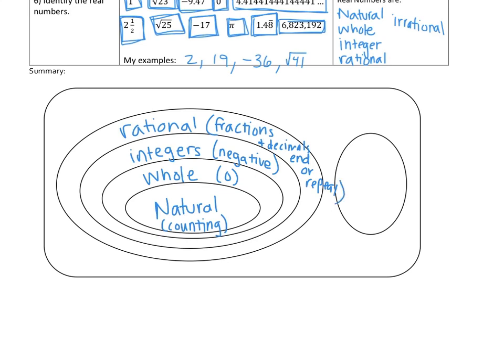Our other group that does not overlap at all is irrational numbers. Irrational means they don't make sense. So numbers that don't end and they don't repeat. But all of these numbers, so that's why I have that box around all of them, all of these numbers are what we would call real numbers.